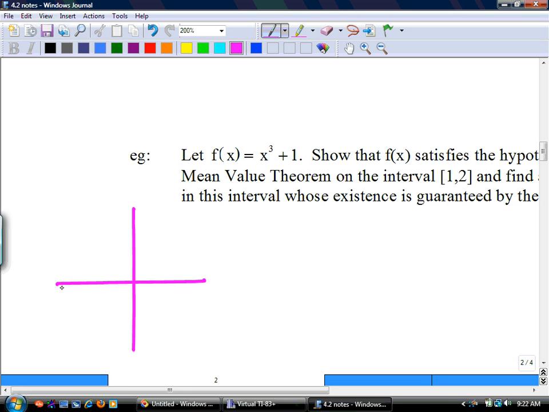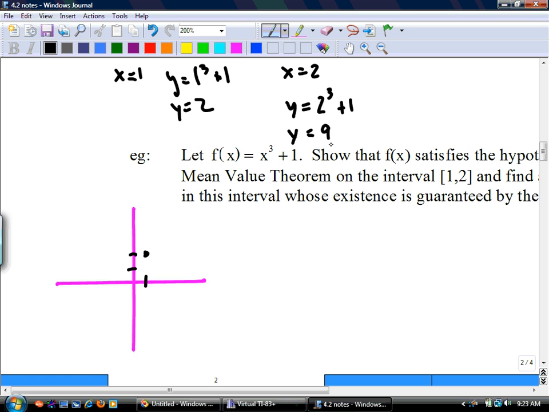Okay. So let f of x equal x cubed plus 1. When x is 1, y is 1 cubed plus 1, 2. So 1, 2. When x is 2, y is 2 cubed plus 1. Y is 9.